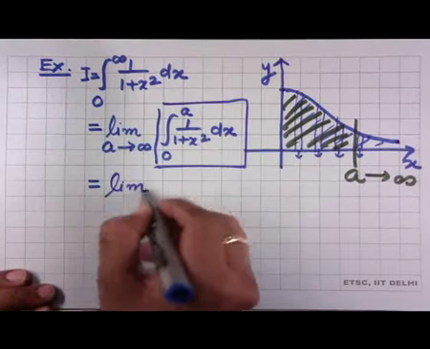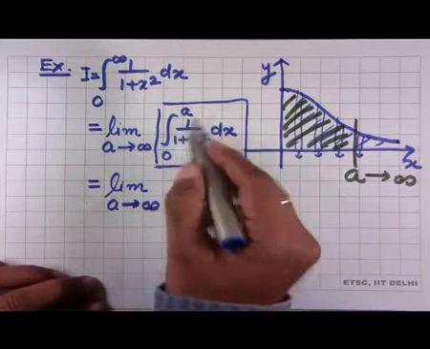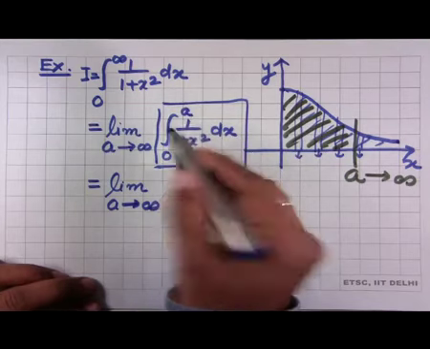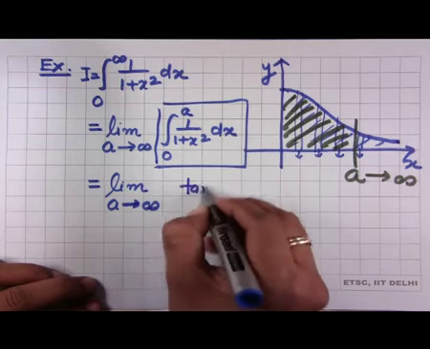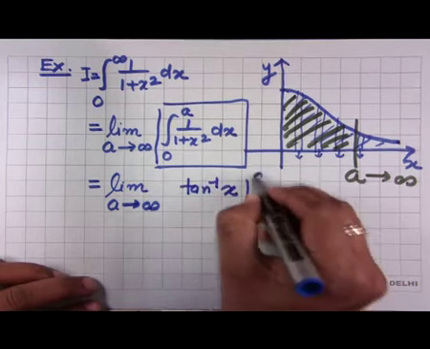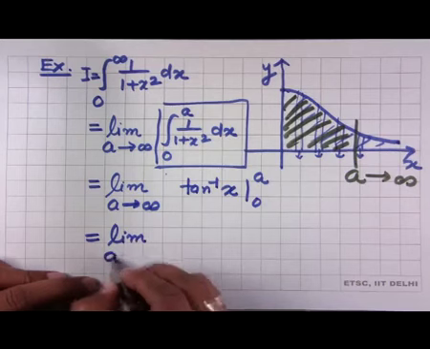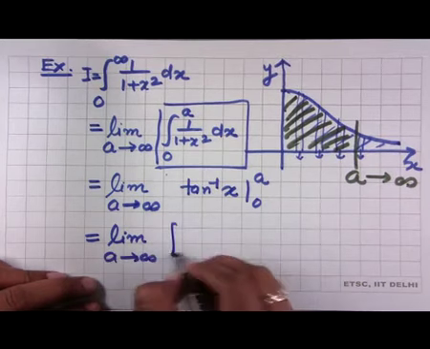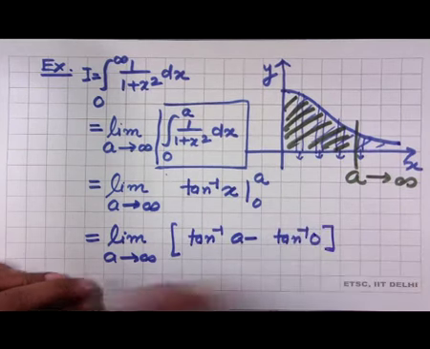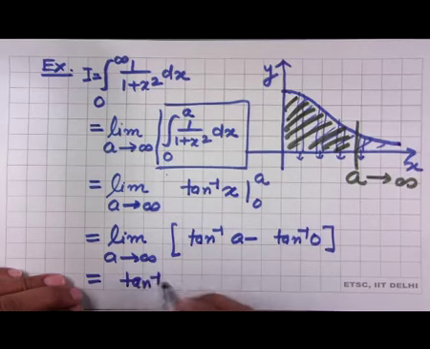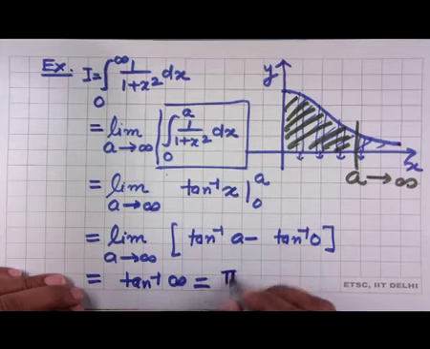So, if the interval is finite and this function is continuous, then by fundamental theorem of calculus 2, we can write the value of the integral. Tan inverse x is the antiderivative. So, we get tan inverse infinity, that is pi by 2.